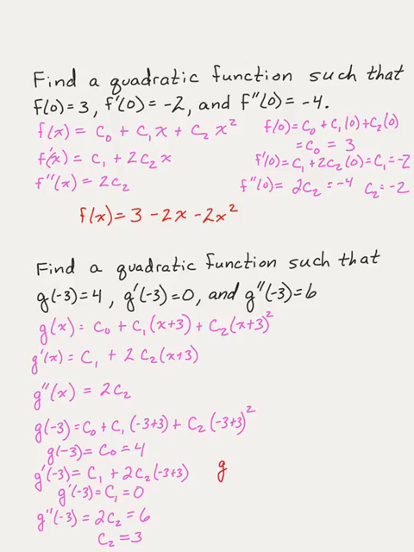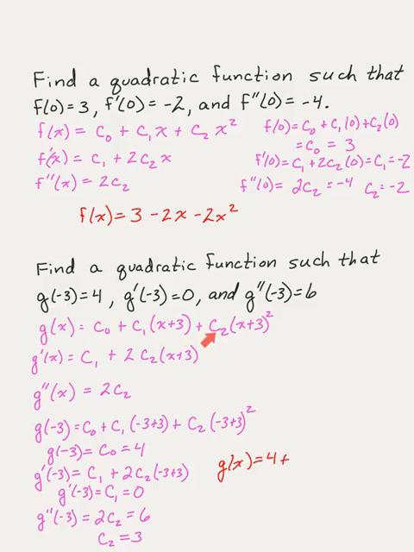So g of x would equal c sub 0, which we found was 4, plus c sub 1 times x plus 3, but we found c sub 1 was 0, so that's going to take this term out of the picture, because 0 times this will be 0.